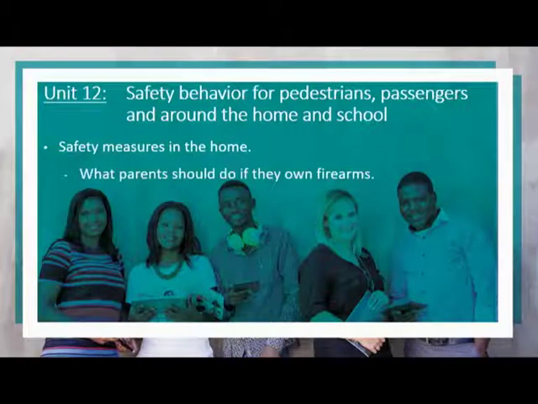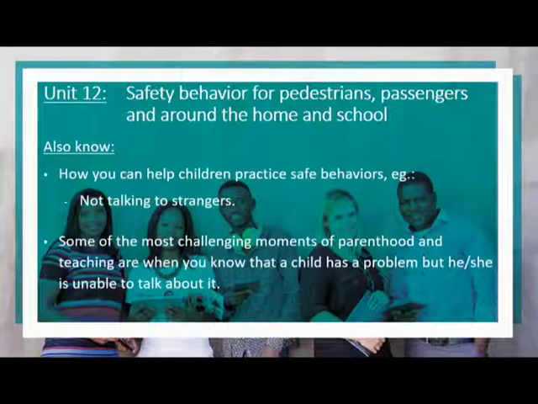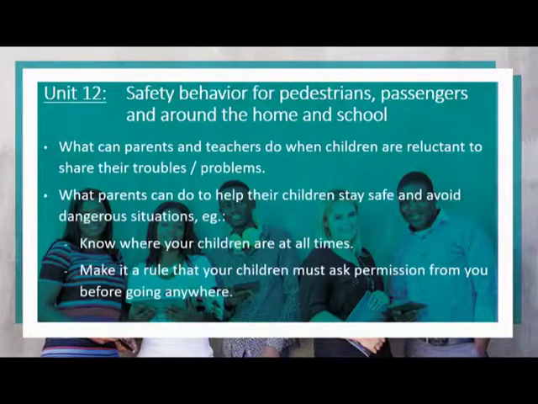Safety measures in the home. What parents should do if they own firearms. Also know how you can help children practice safe behavior, for example, not talking to strangers. Some of the most challenging moments of parenthood and teaching are when you know that a child has a problem, but he or she is unable to talk about it.